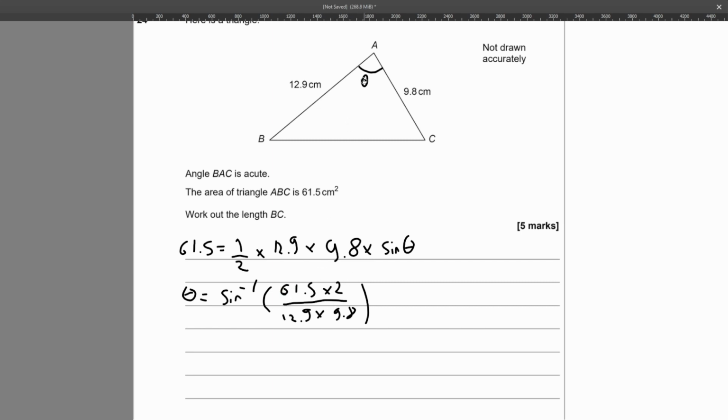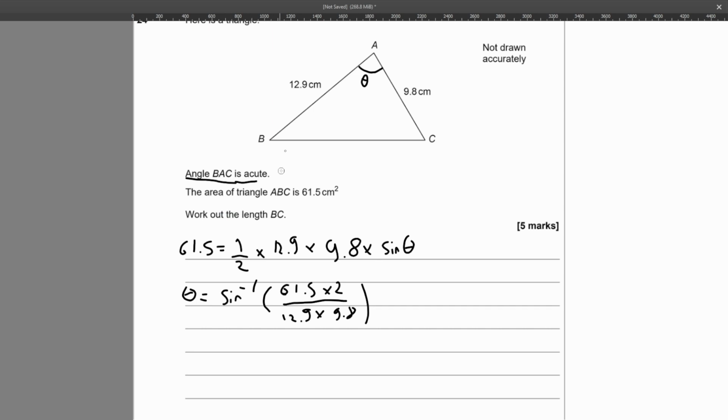Now that we know this value of theta, here's an important point. It says that the angle BAC, so theta, is acute. If it said that it's obtuse, then we would need to calculate this angle right here as 180 minus theta. However, it is acute, so we can just leave it as this.